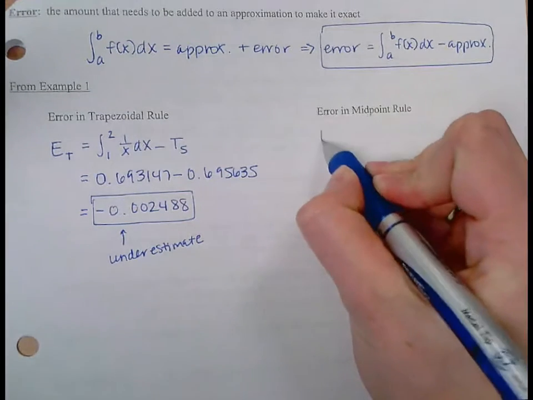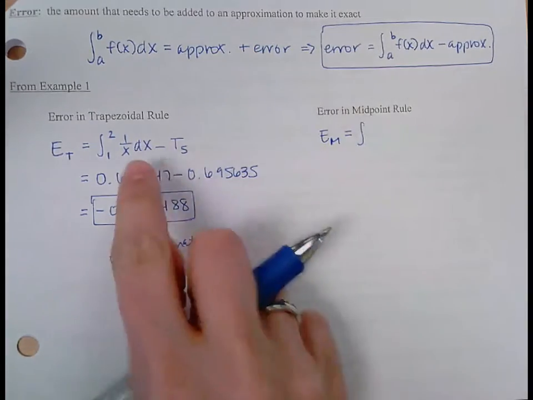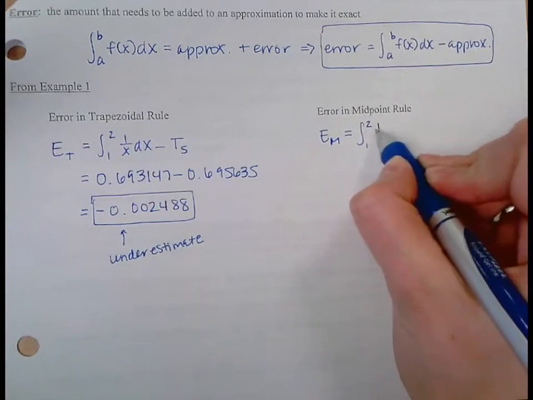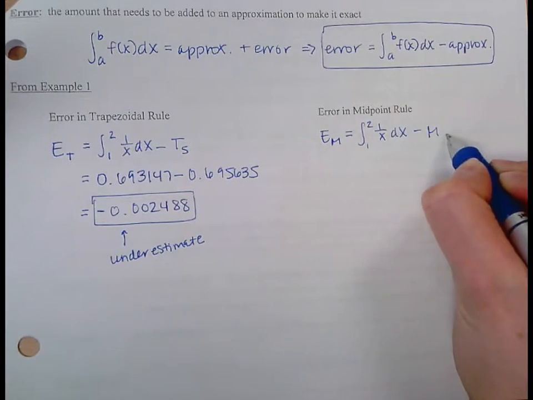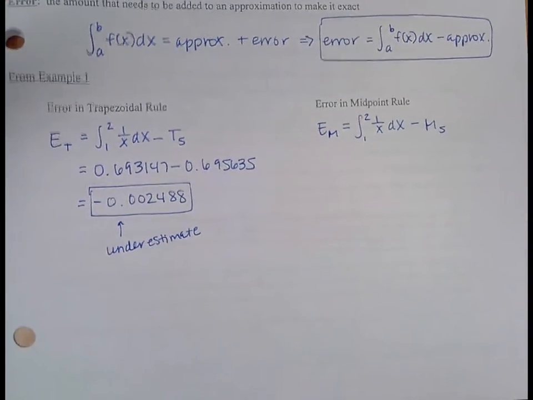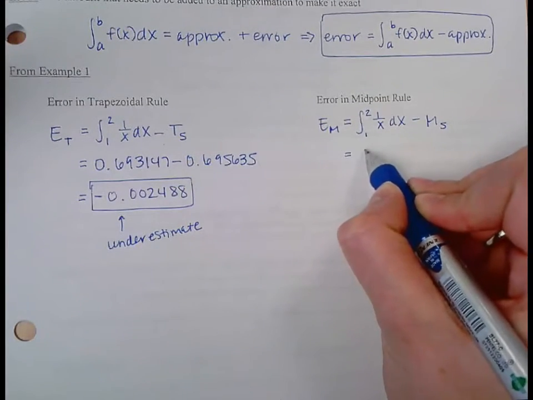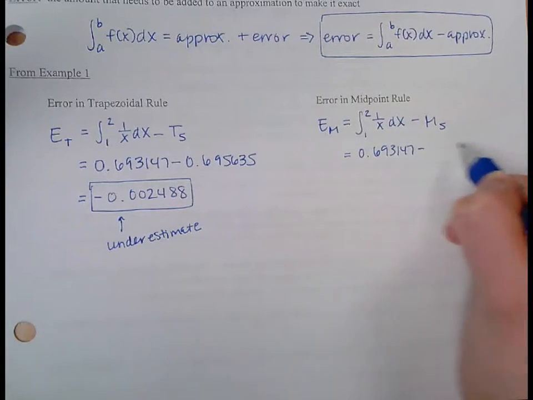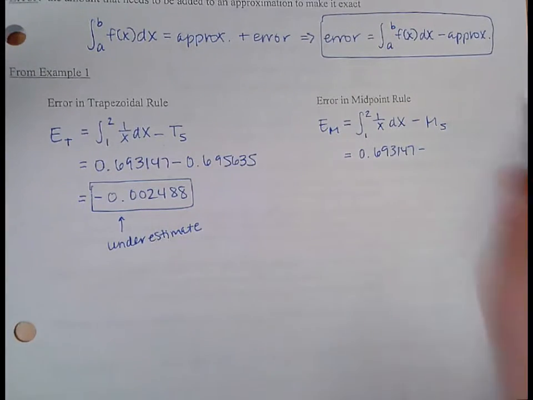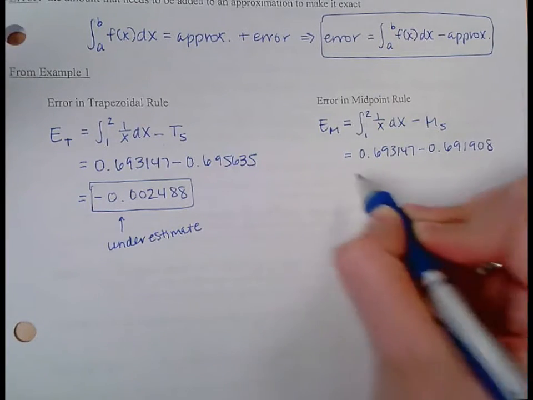The error in the midpoint would be the value of the integral from 1 to 2 minus what we approximated for the midpoint rule. So that's 0.693147 minus our midpoint approximation, which was 0.691908.